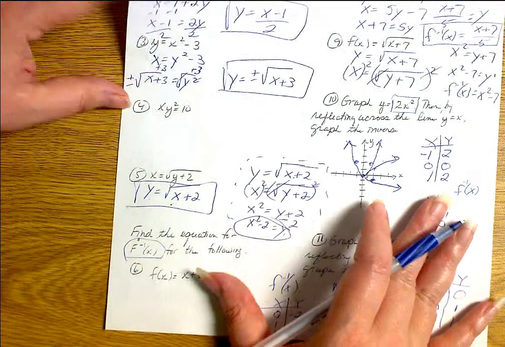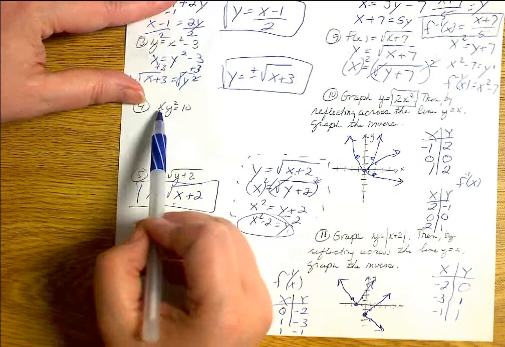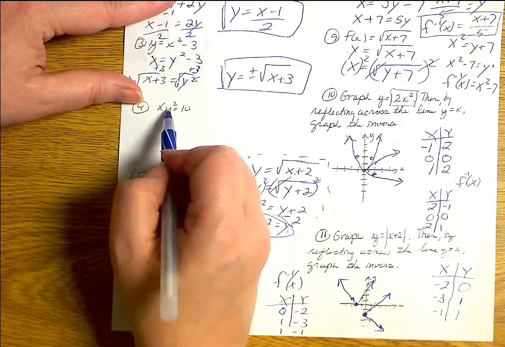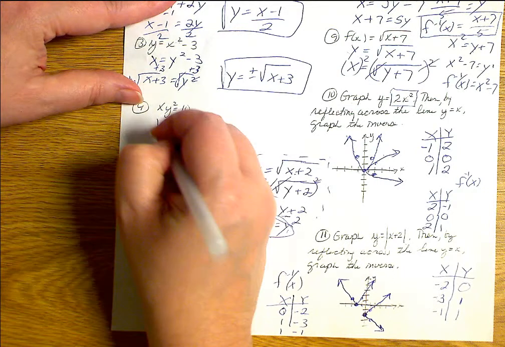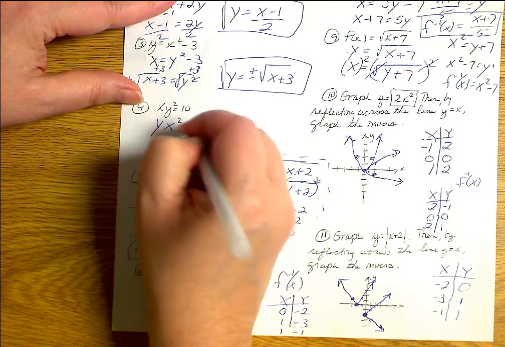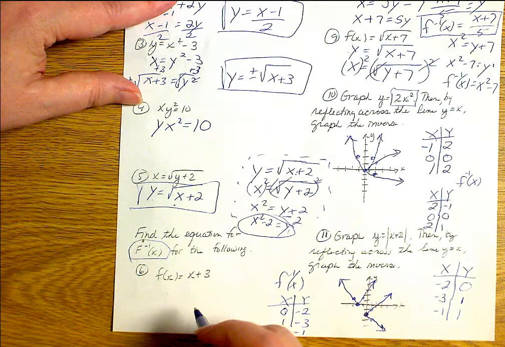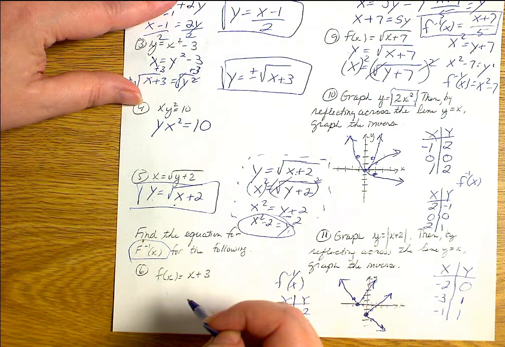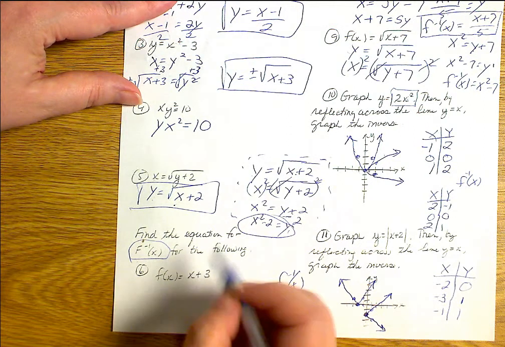So the first step when you're finding an inverse is always doing what? Switch x and y. So now it's, instead of x, it's y. X squared is equal to 10. What's your next step? What do we have to do next? Solve for y. So I need y by itself.